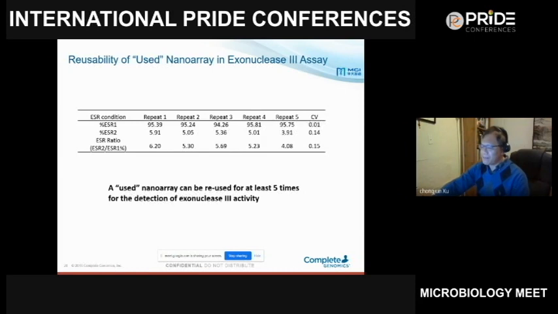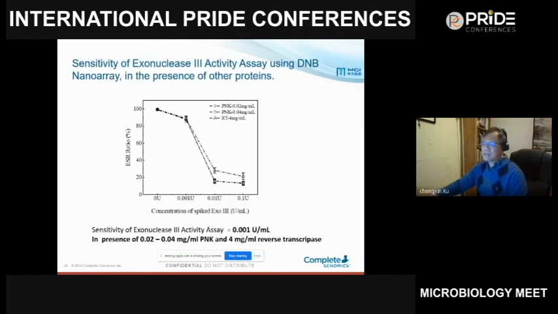Since X3 may be present as a contamination source, we tested whether it works in the presence of different proteins, such as PNK at different concentrations and reverse transcriptase at 4 milligrams per mL. We found that the activity is not affected by the other coexisting proteins. So the sensitivity is also at 0.01 units per mL.